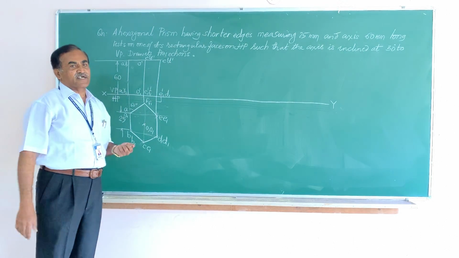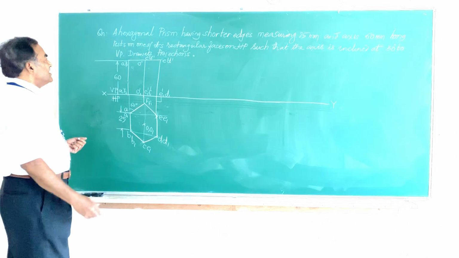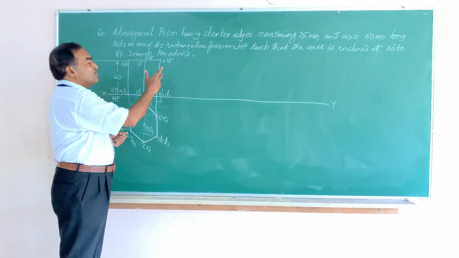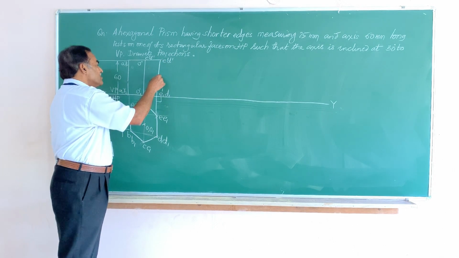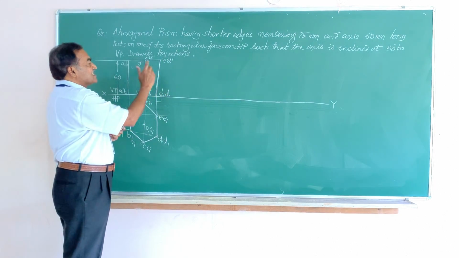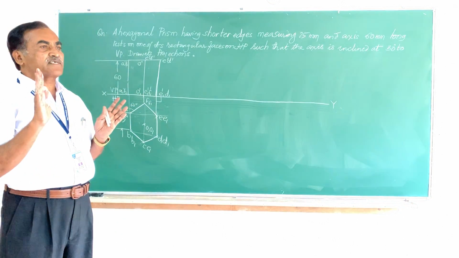And if you observe this figure, you have to see what each line represents. Here the extreme right edge has got 4 points on this line, which are E dash, E1 dash, D1 dash and D dash. So this line represents a plane surface.